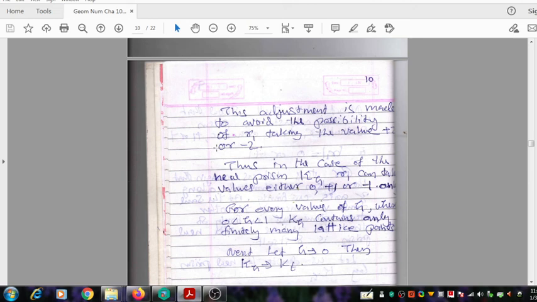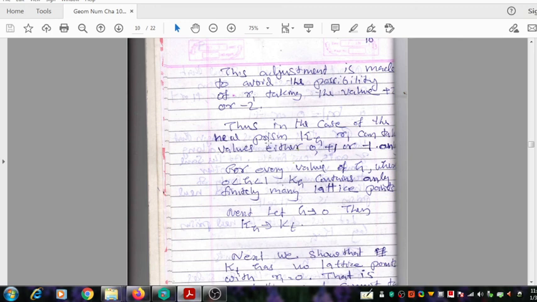This adjustment is made to avoid the possibility of R1 taking the value either plus 2 or minus 2. We don't want to allow R1 to take the values plus 2 or minus 2.